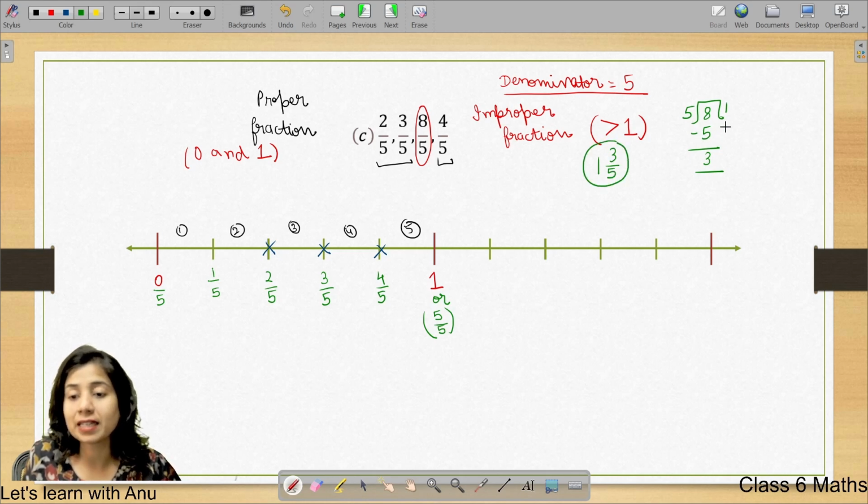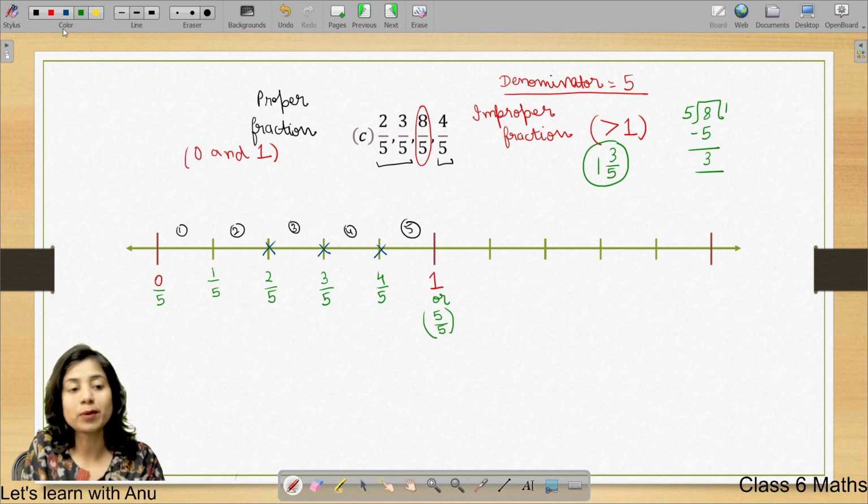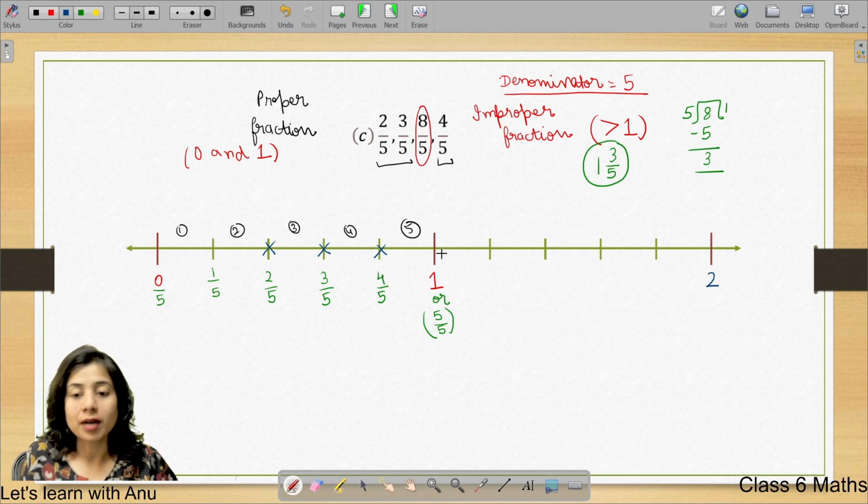So it is clearly inferred that it is greater than 1. It is lying between 1 and 2. So it is greater than 1, but the fraction part is 3 by 5. So again we are going to divide the length between 1 and 2 into 5 equal parts. So this is 1, 2, 3, 4 and 5.